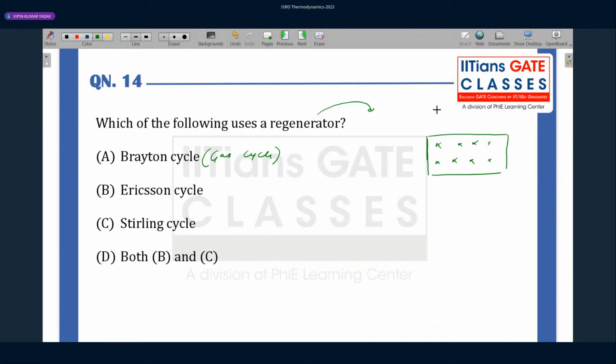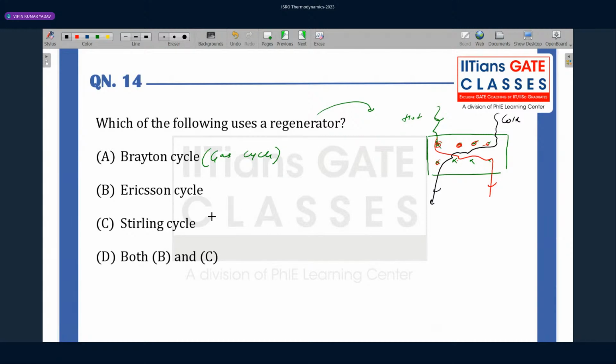Hot fluid will flow in, and these matrices will store heat. Then a cold fluid will flow in, absorb heat from the matrices and go out. So it is called a regenerator. The same device works as a hot heat exchanger and a cold heat exchanger, and it is used in the Stirling and Ericsson cycles.